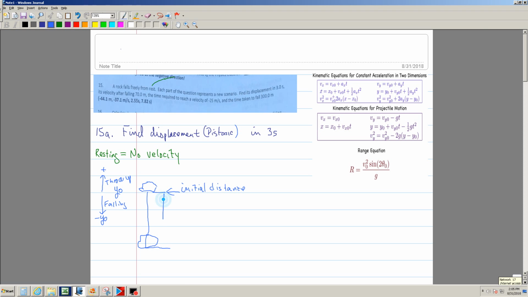It's this distance. Sometimes distance is referred to with the letter S. So this will be 0, and they want this at 3 seconds.